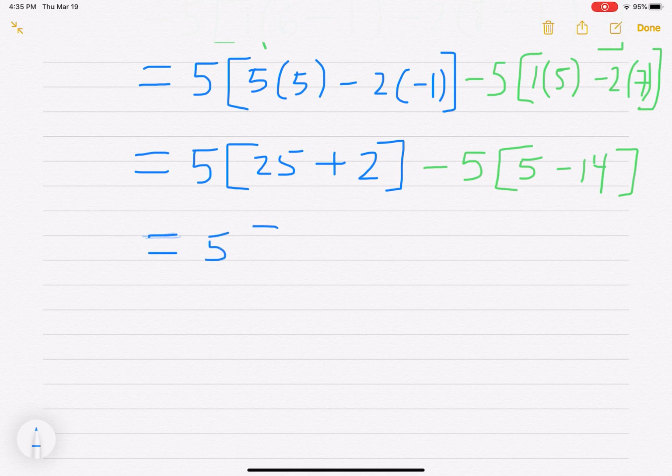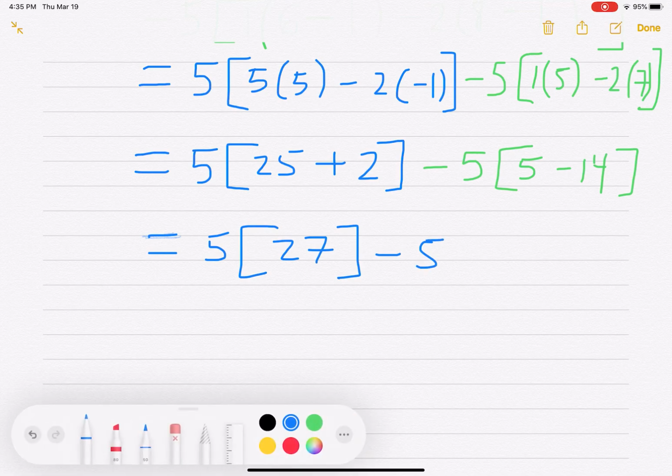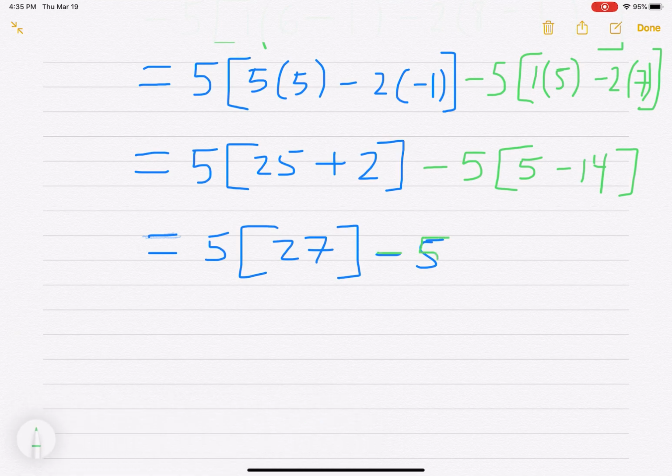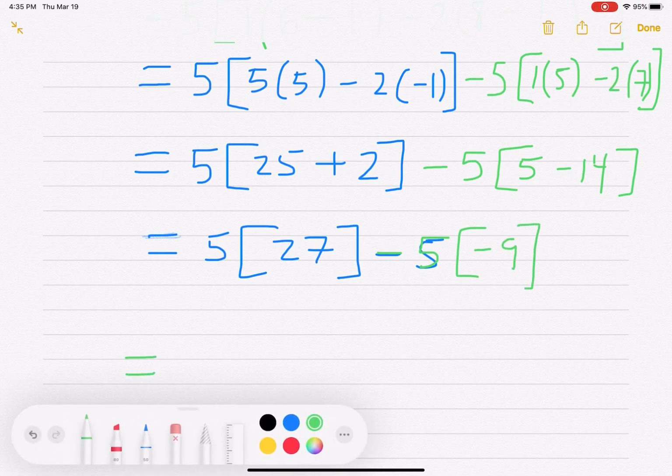5 times 25 plus 2, 27. Minus 5 times, that's supposed to be green, right? Five minus 14 is negative 9. Question is, what is 5 times 27?